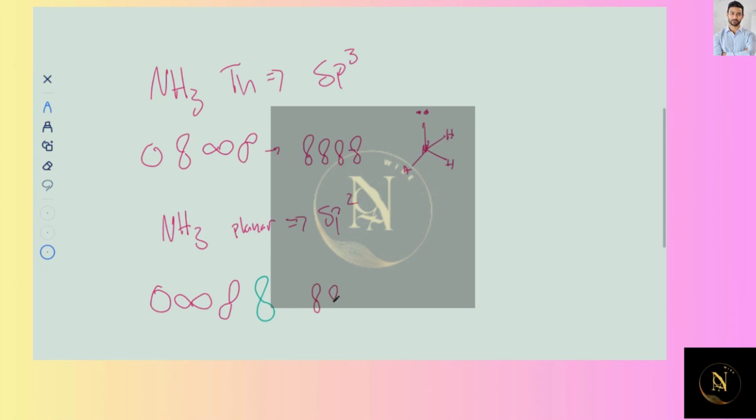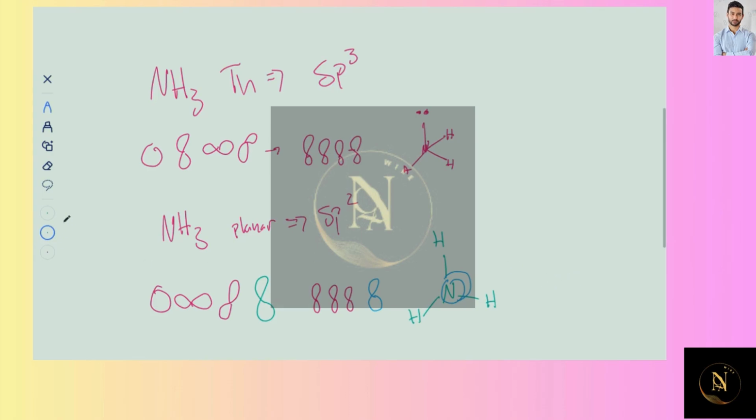So we get 3 sp2 orbitals, a little more p-like, and then 1 unhybridized p orbital. So nitrogen in the plane, 3 bonds to hydrogen, and then an unhybridized p orbital pointing straight up out at us.